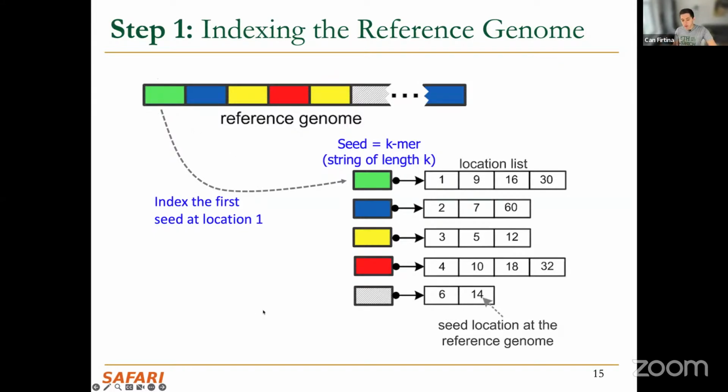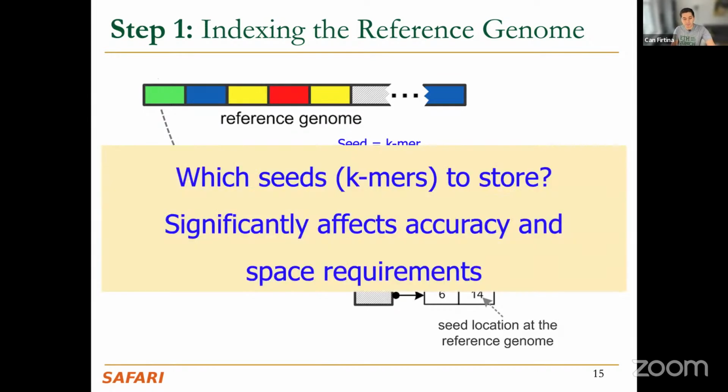And of course, depending on the courses that you've taken previously, or the applications or projects that you worked on previously, you may have heard of this k-mer in different terminologies, maybe an n-gram or q-gram. So these are all referring to the same thing, essentially.